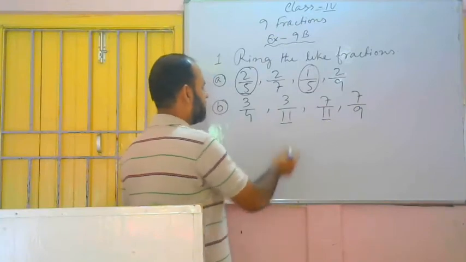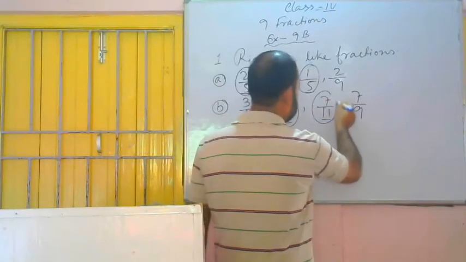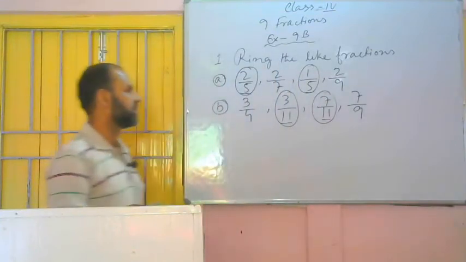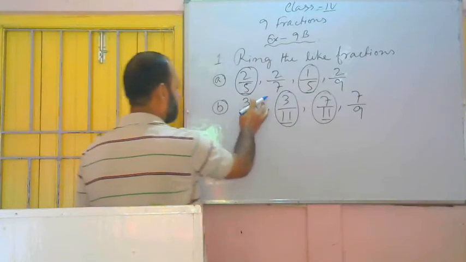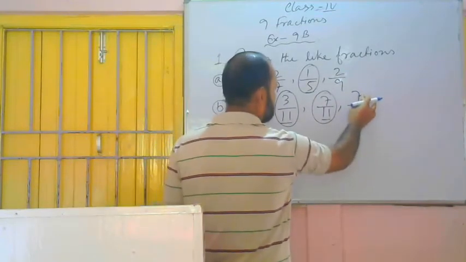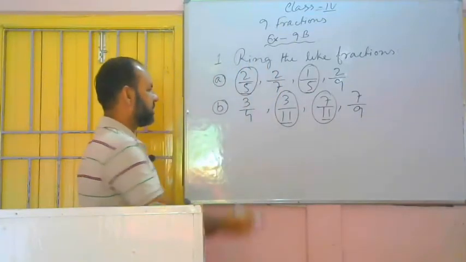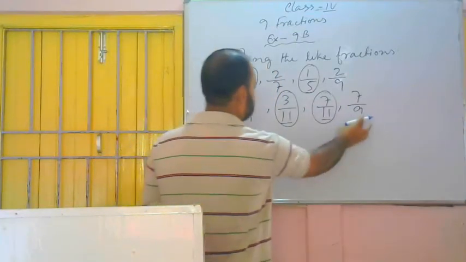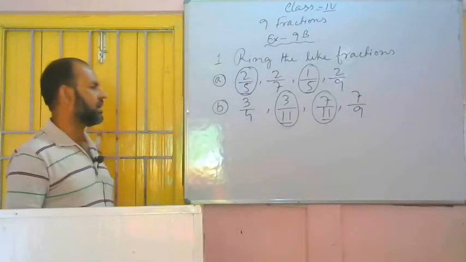So that means these two fractions are like fractions. We ring these two only. This 3 by 4, the denominator is 4, and 7 by 9, the denominator is 9. That means different denominators are there. That means the two fractions are unlike fractions.